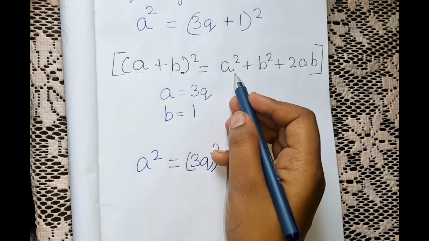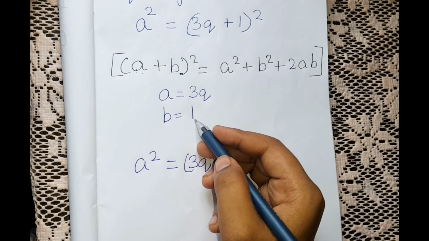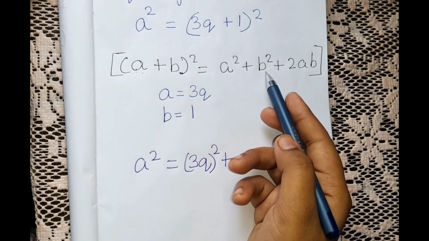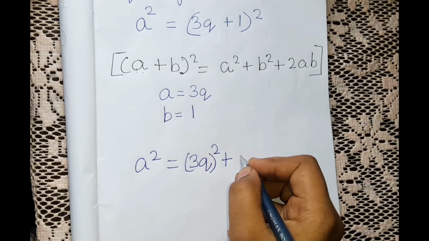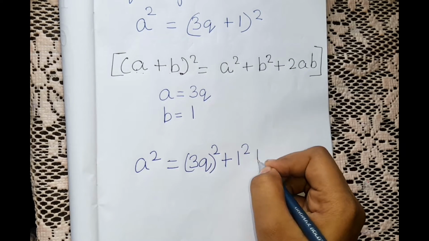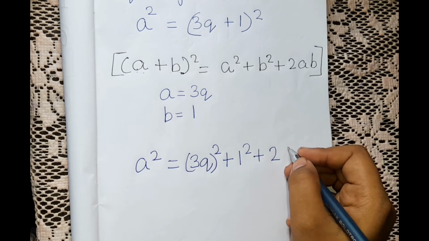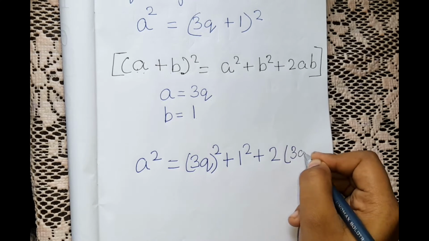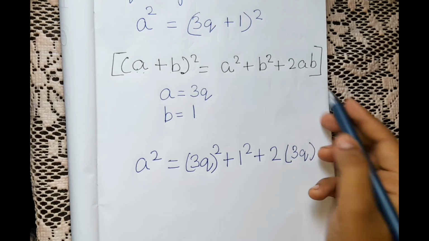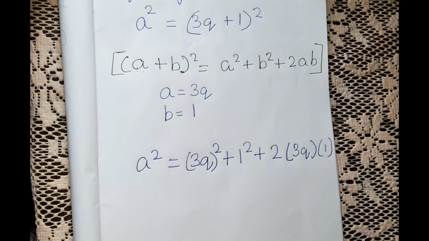Because in the formula it is square. Plus in b place we shall write 1, because in this formula wherever you find b you have to write 1. So 1 square, plus 2. Here also instead of a we should write 3q, and here instead of b we should write 1. Okay, so we wrote it.